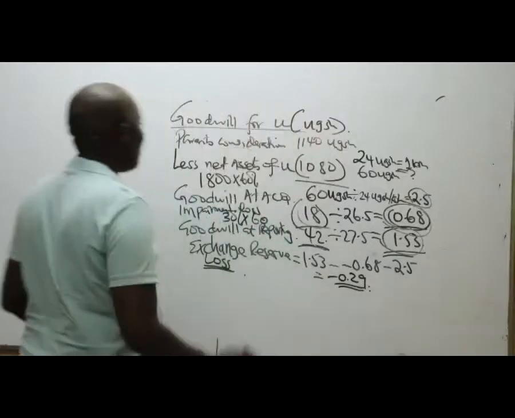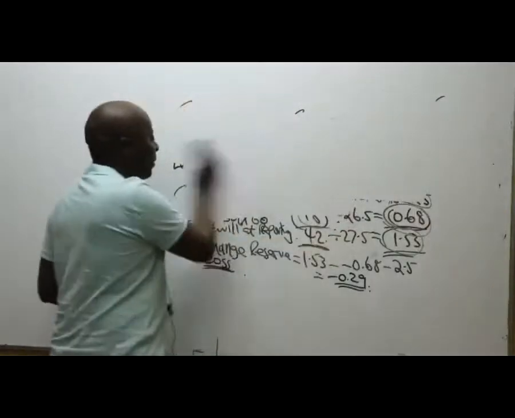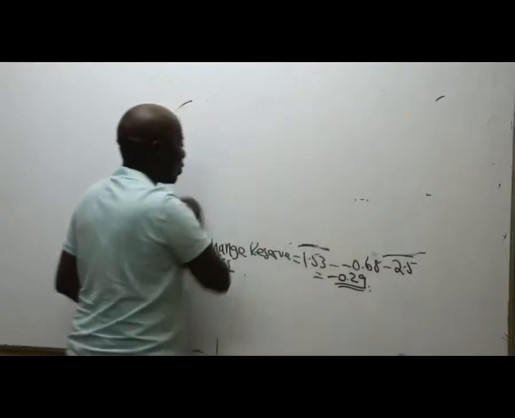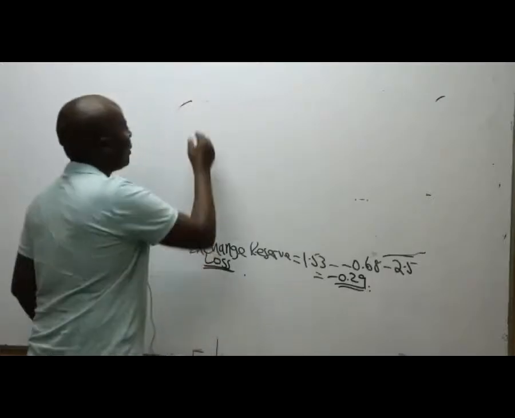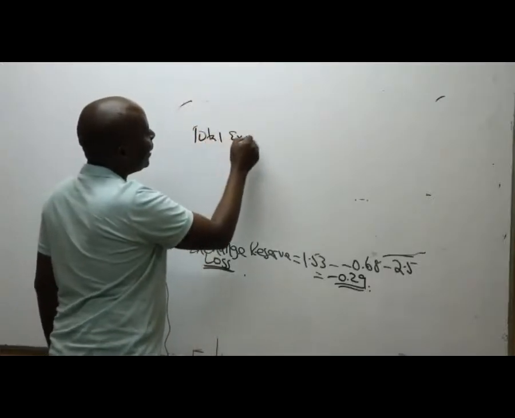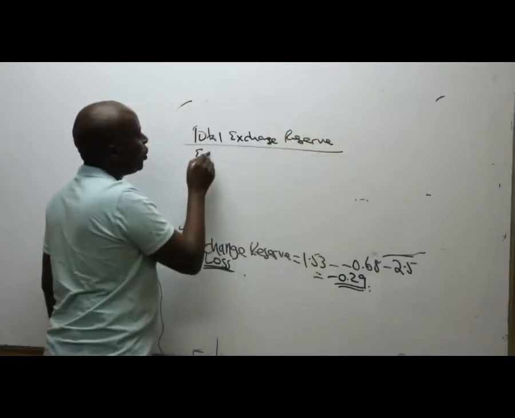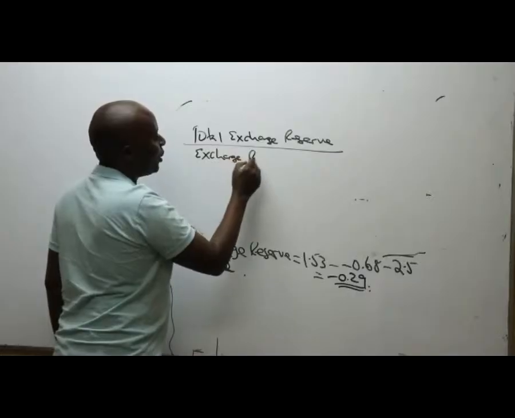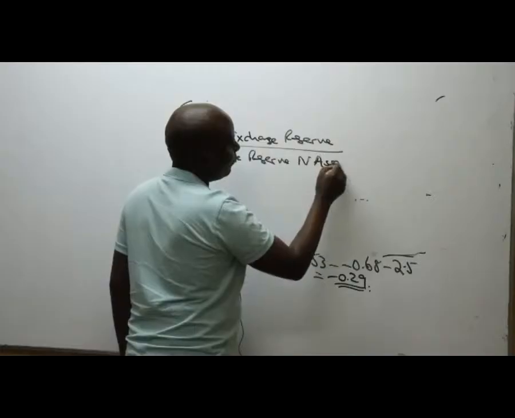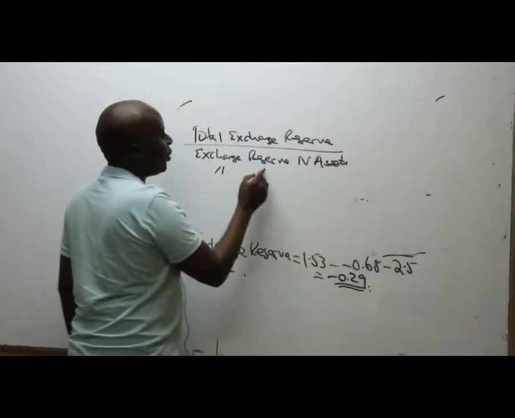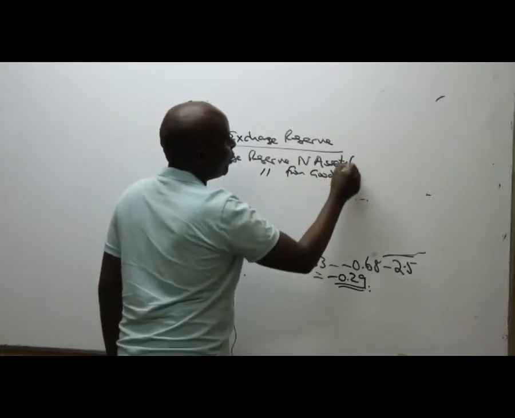At this particular juncture, without much ado, I will come and give my examiner the total exchange reserve, which will be the exchange reserve from my net assets translation and the exchange reserve from goodwill. Some books will call this operations.